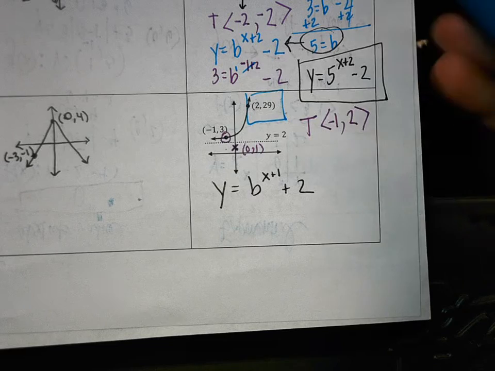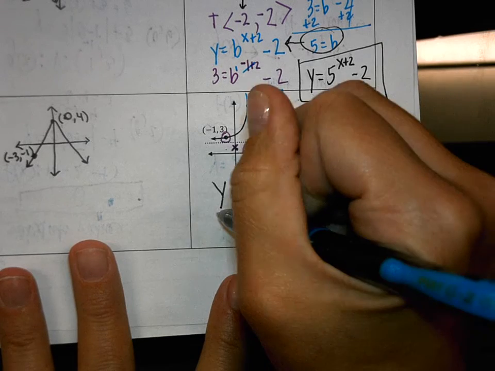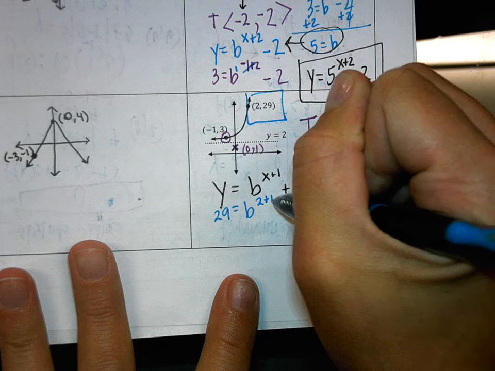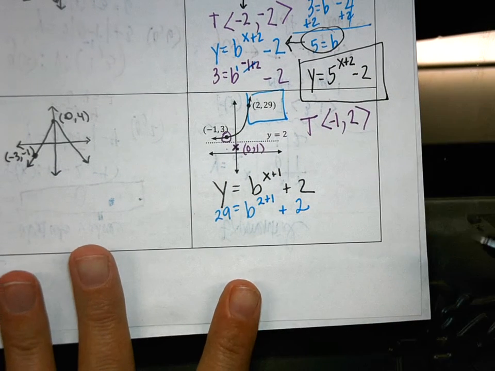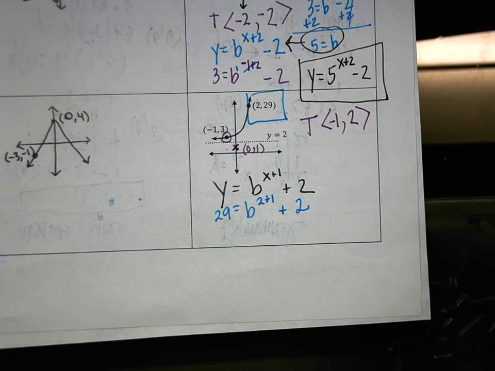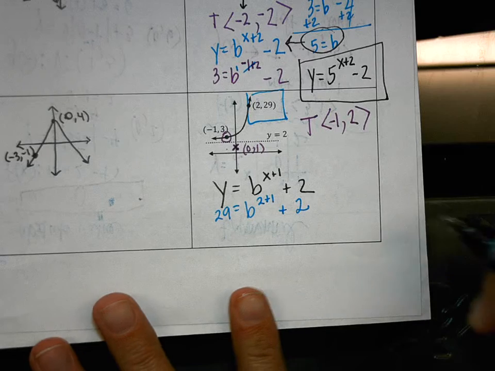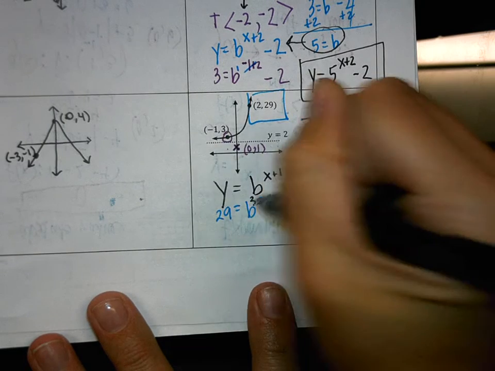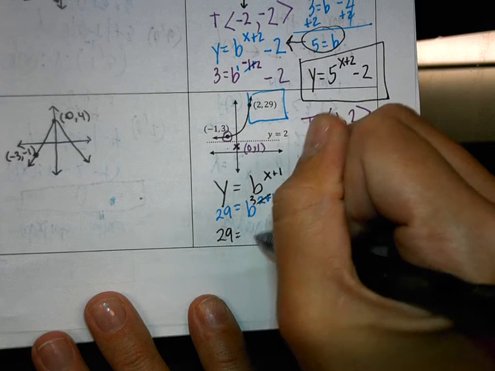So when we plug this in, we get 29 equals b to the 2 plus 1 plus 2. Okay, so then we simplify. 2 plus 1 is 3. So I have 29 equals b to the third plus 2.